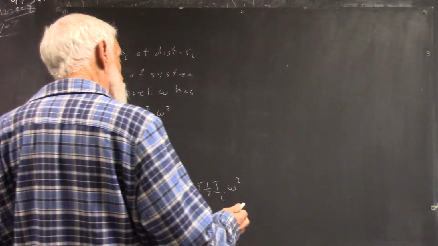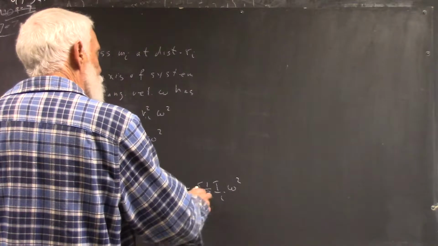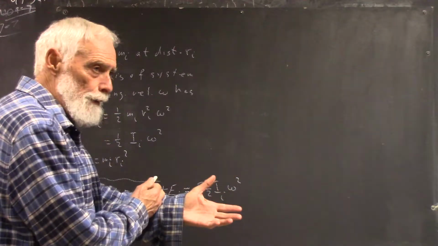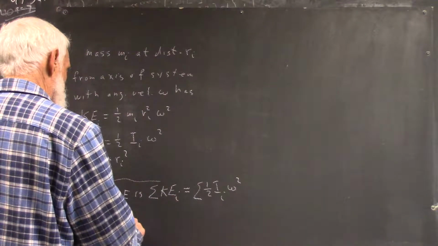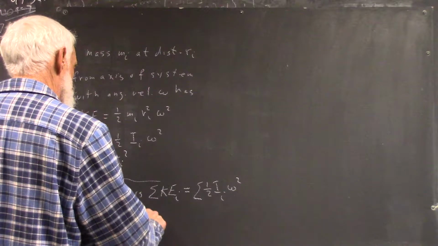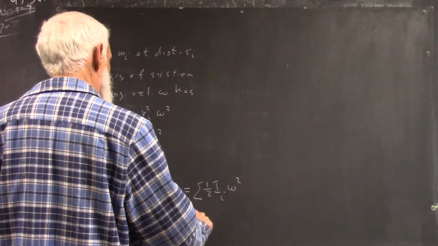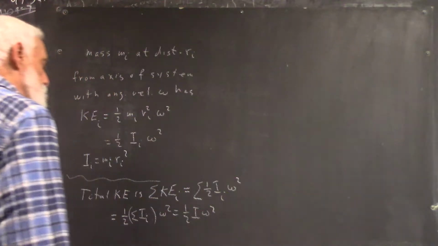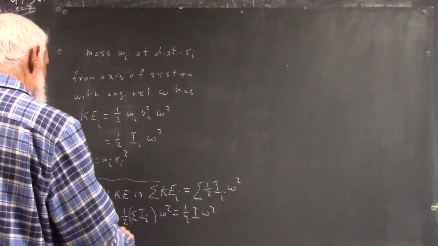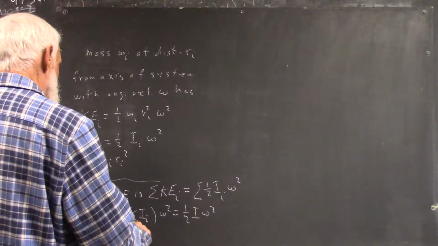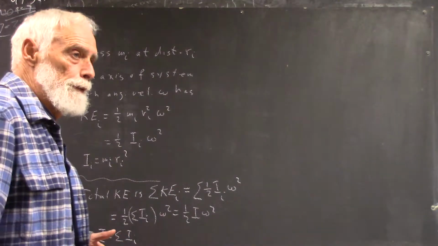And since it's the same omega for every one, and since 1/2 is constant, the 1/2 and the omega are constant, so they can factor out of the sum. So that's this, where I is the sum of the I sub i, the sum of the moments of inertia of the particles.